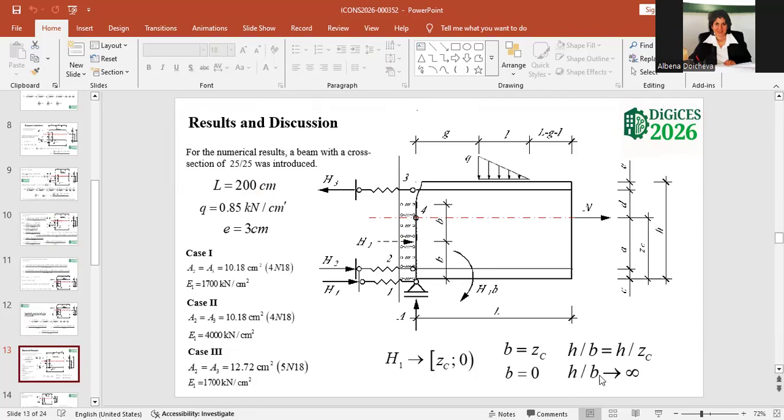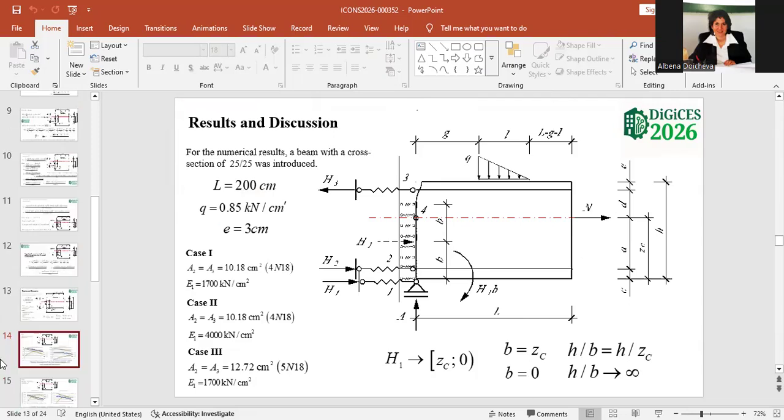H divided by B is equal to H divided by ZC, position of centroid, and when B is equal to 0, H divided by B is like infinity.